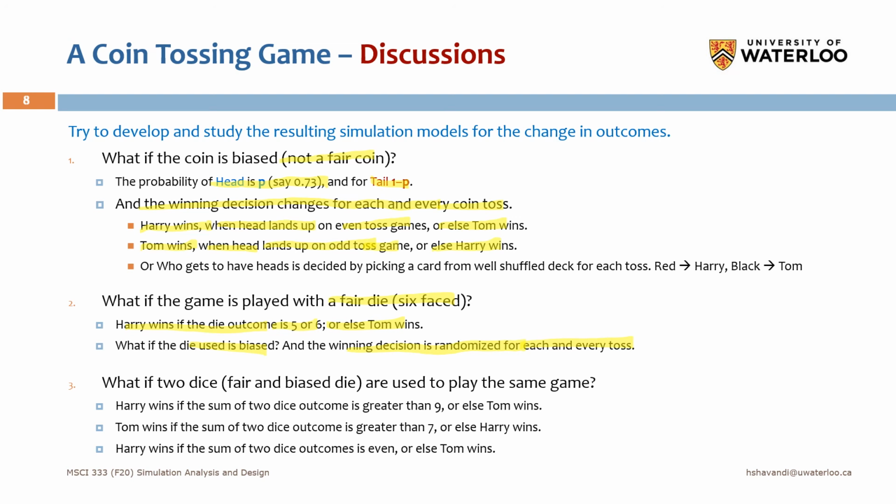For example, Harry wins if the sum of the two dice outcomes is greater than 9, or else Tom wins. Or Tom wins if the sum is greater than 7, or else Harry wins, and so on. By having the simulation model in Excel or in Arena, we can try all these scenarios and then compare the results, to see which game ends up with more winnings, for example, for Harry, or more winnings for Tom.